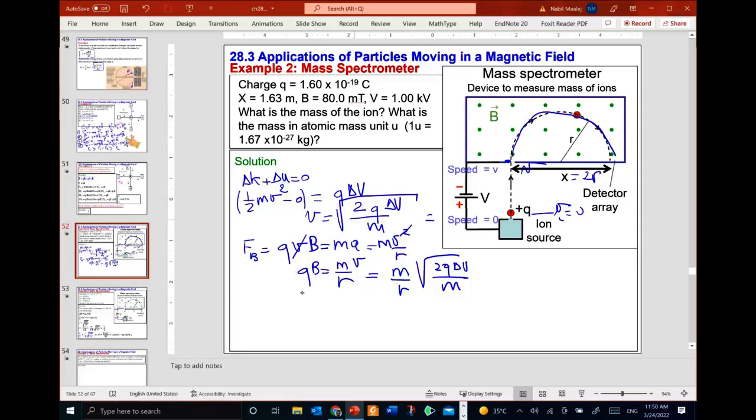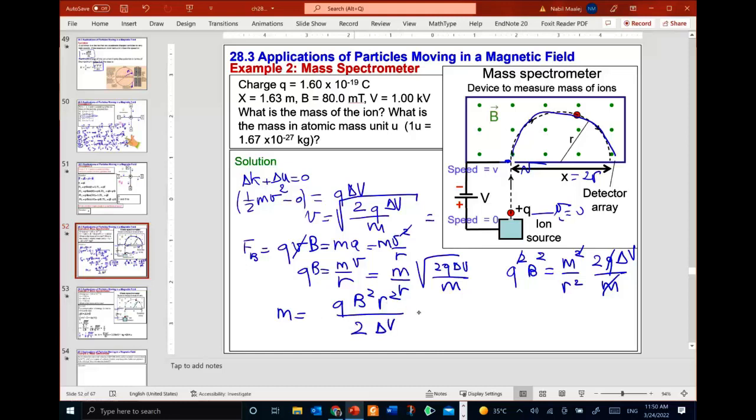I take the square of this equation, so it becomes q squared B squared is equal to m squared divided by r squared times 2q delta V divided by m. The square will cancel and this q will disappear. The mass here will simplify and I can solve for m. So m is equal to q B squared times r squared divided by 2 delta V, correct?